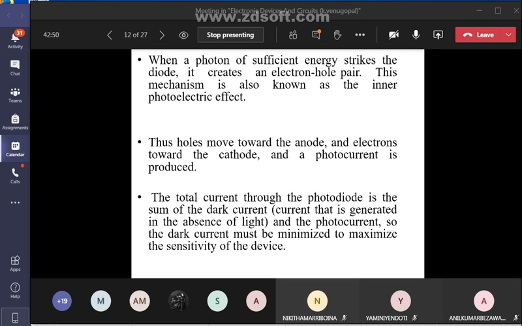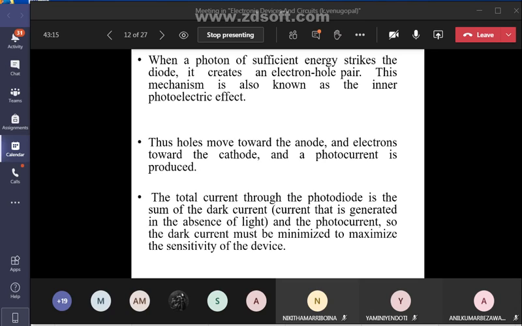Dark current means the current generated in the absence of light. The total current through the photodiode is the sum of the dark current and the photocurrent.